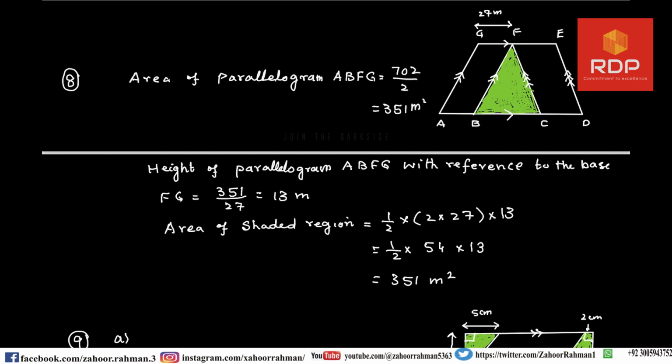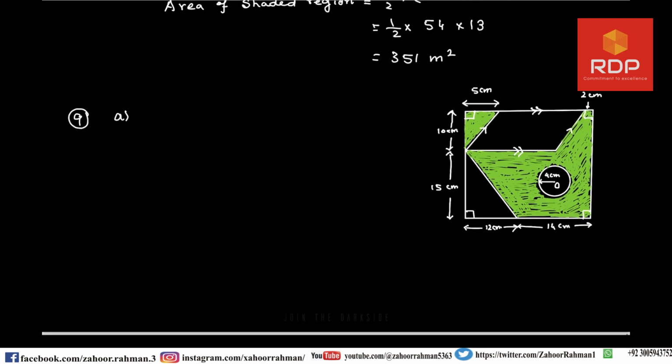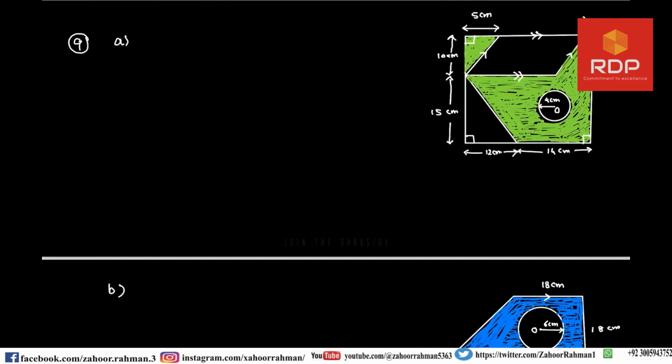So dear learners, that was the whole story about question number 8. Now we are turning our focus to question number 9, and part A is saying, for each of the following figures, find the total area of the shaded regions where O is the center of the circle, and you can see that it is labeled as O is the center of the circle.